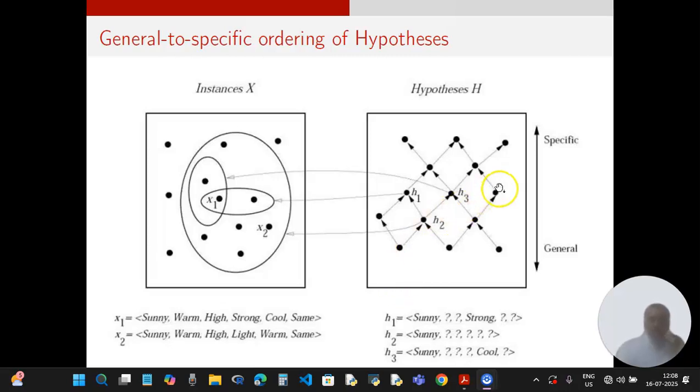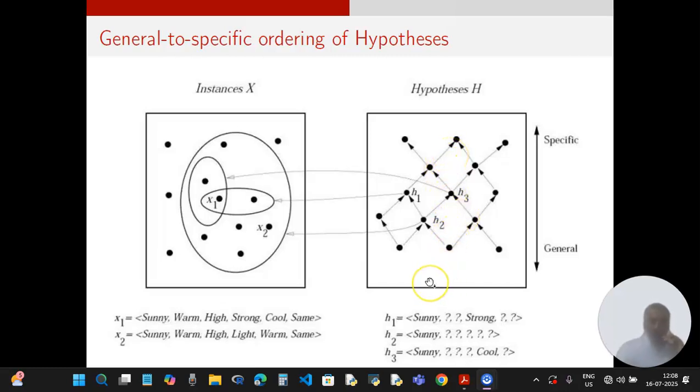Okay, so now H1, there is an edge from H2 to H1 and H3, and by drawing these edges we can define a general to specific ordering between hypotheses.